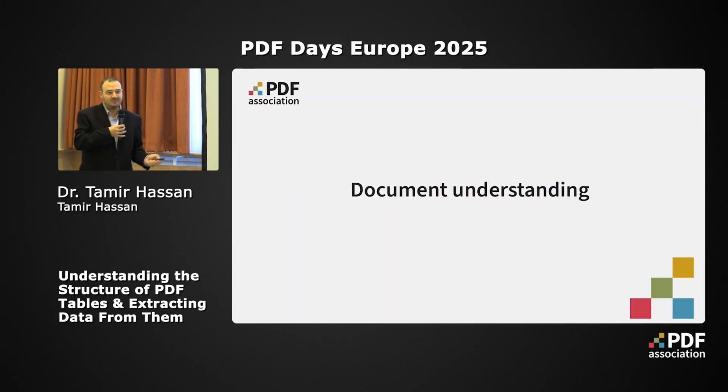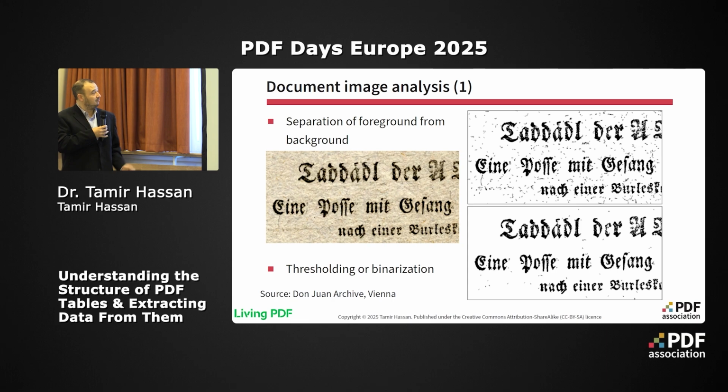So, to begin with document understanding. The first step, and it's more for completeness that I'm including this image here, is basically to understand, before you do anything with a document, how to separate foreground from background. In most business documents, it's not usually a problem, but if the document isn't so clean or is a historic document, then it might be difficult.